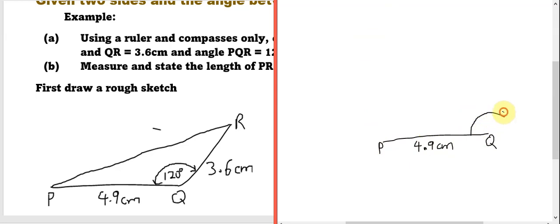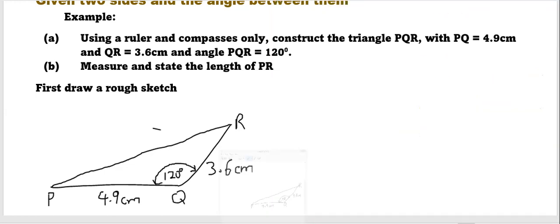I know it's an obtuse angle, so I figure it might look something like that. And then I draw a line, label it 3.6 centimeters as my QR line. And from there I connected lines, points P and R. Alright, so that's a rough idea of what our triangle should look like.